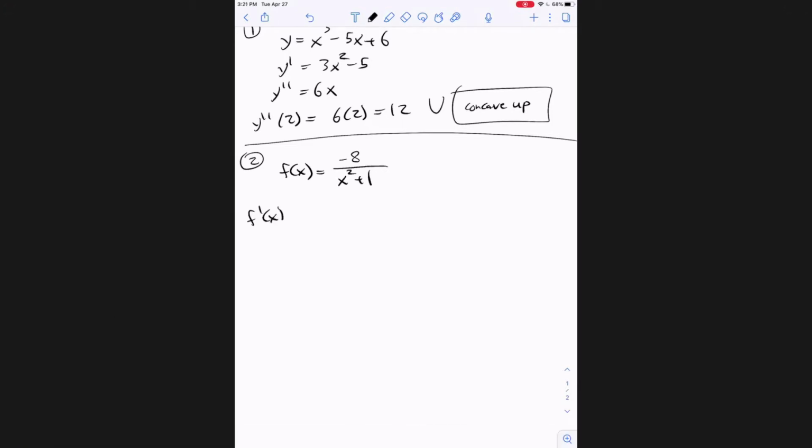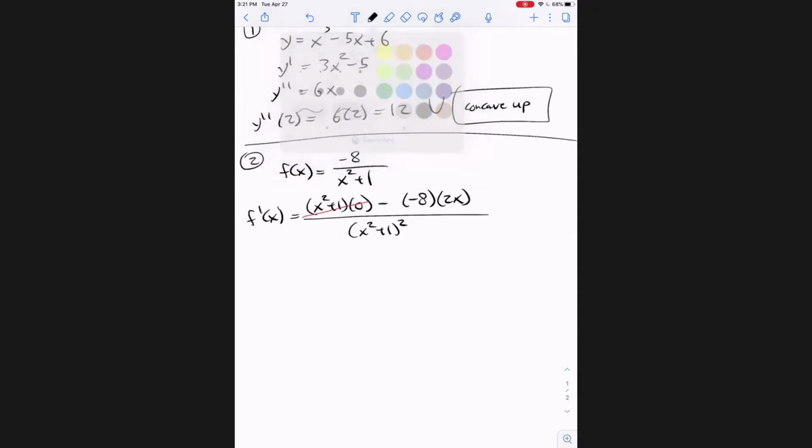So the derivative is, we're going to use the quotient rule: bottom times the derivative of the top, minus the top times the derivative of the bottom, all over bottom squared. Anything times 0 is just 0, so that goes away. We've got negative over negative, so that's positive. 8 times 2x goes to 16x over x squared plus 1 squared.